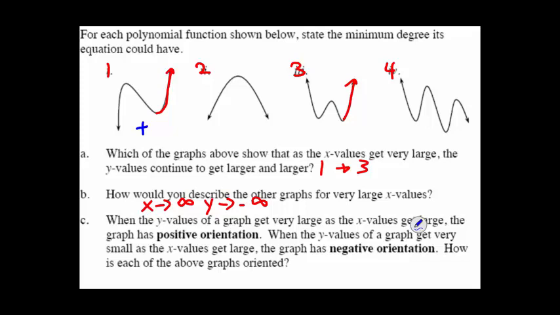If it was negative, it would be flipped over. 2 is negatively oriented because it's opening down. It's an even degree polynomial, but it's opening down. 3, well, we got another even degree polynomial, but it's opening up. So that's positively oriented. 4 is odd because notice how each end shoots off in 2 different directions. And it's negatively oriented because it's been flipped over. So there would be a negative in front of that equation if we actually had one for it.